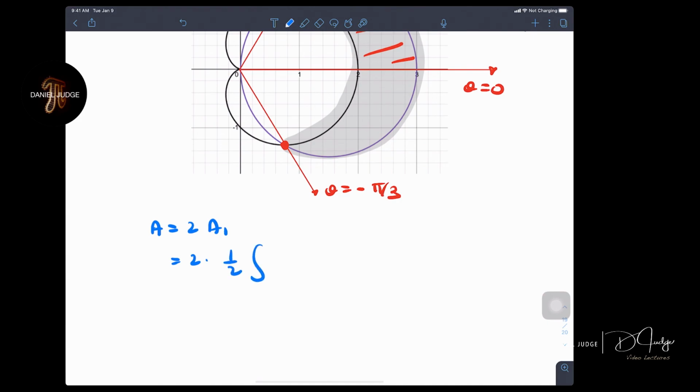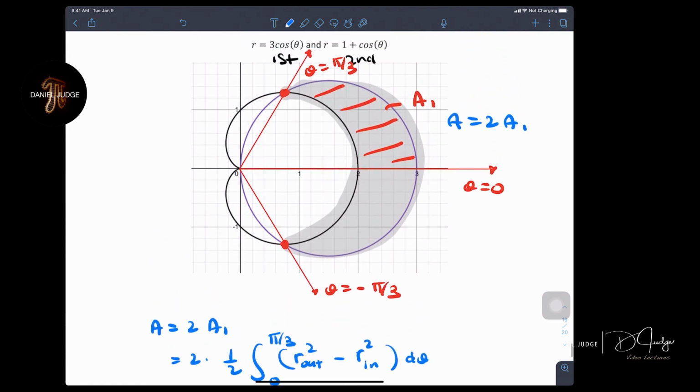1/2 integral from 0 to pi over 3 of r outside squared minus r inside squared d theta. Here's an arbitrary theta now from 0 to pi over 3.